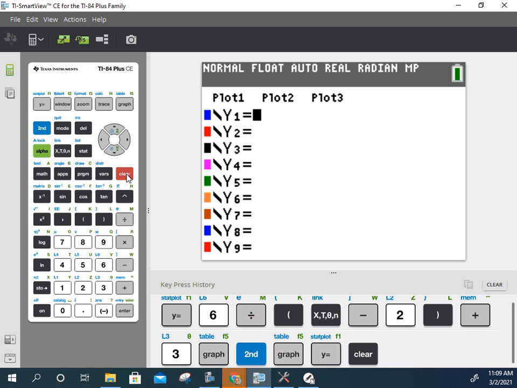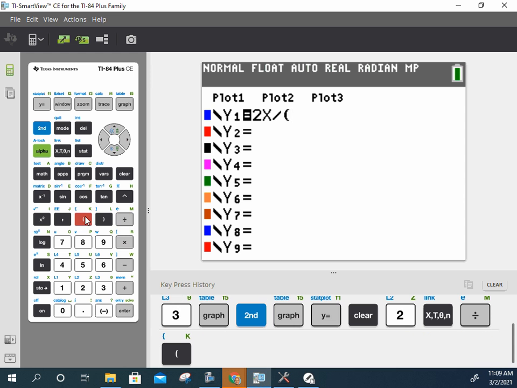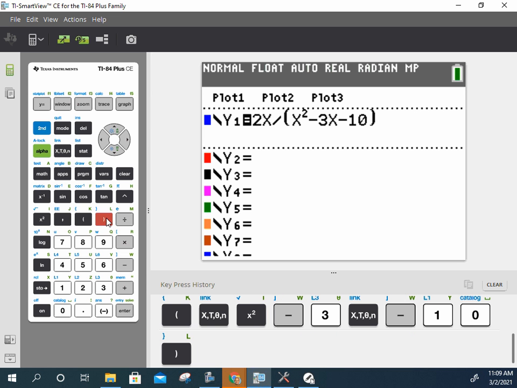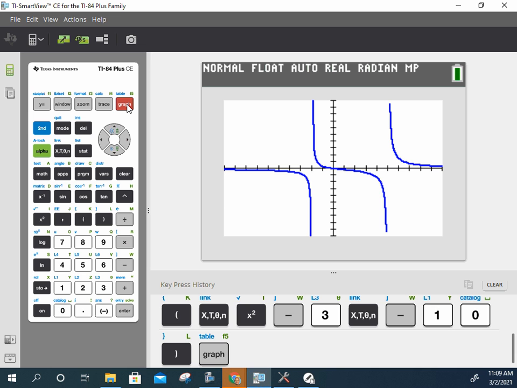Then for the top of the fraction, type in the numerator, divided by, open the parentheses, x squared minus 3x minus 10. You always want to get a sneak peek of that graph, just so that you know how it should look. So just press graph.